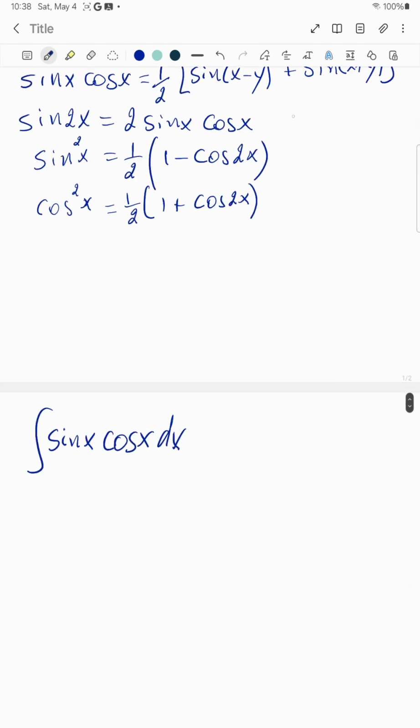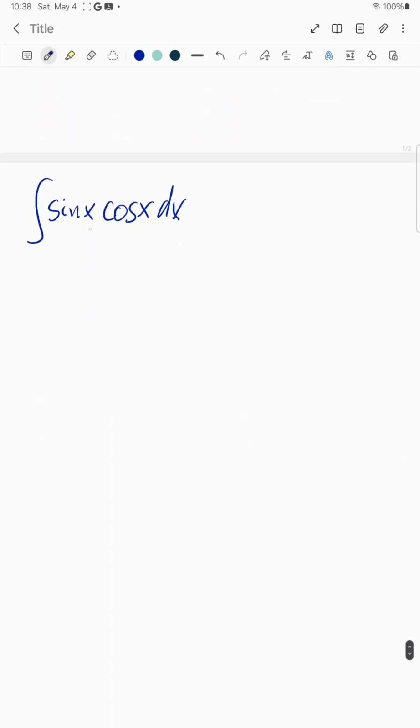Let's start with the exercises. Exercise number 1: if I have sine of x cosine of x dx, and I need to do the integral of that. If I look at my formulas, it looks like this formula here. I will copy it here for you.